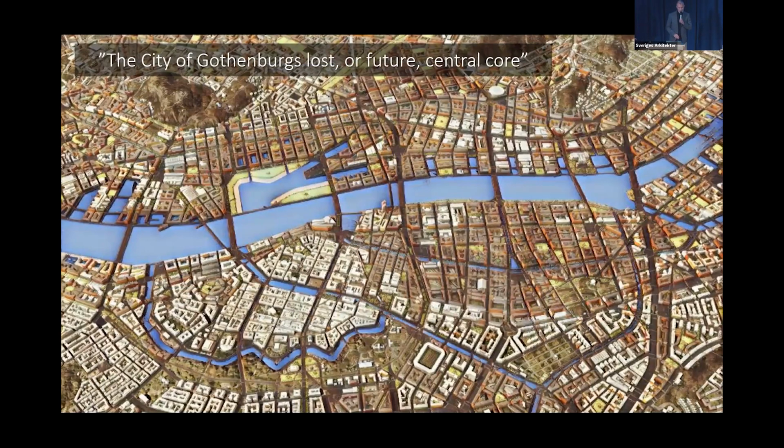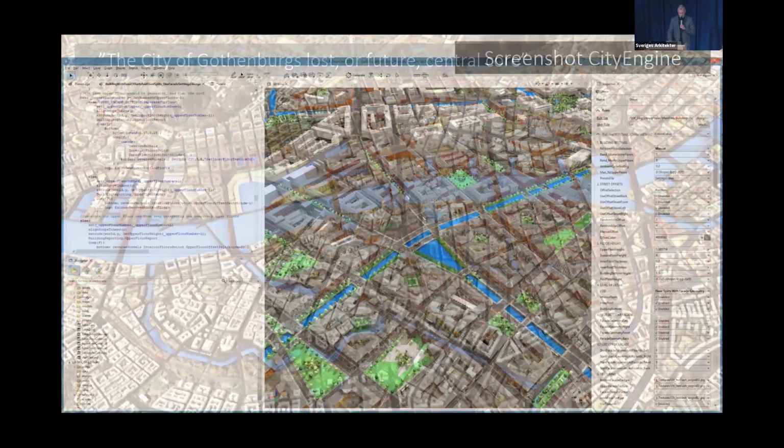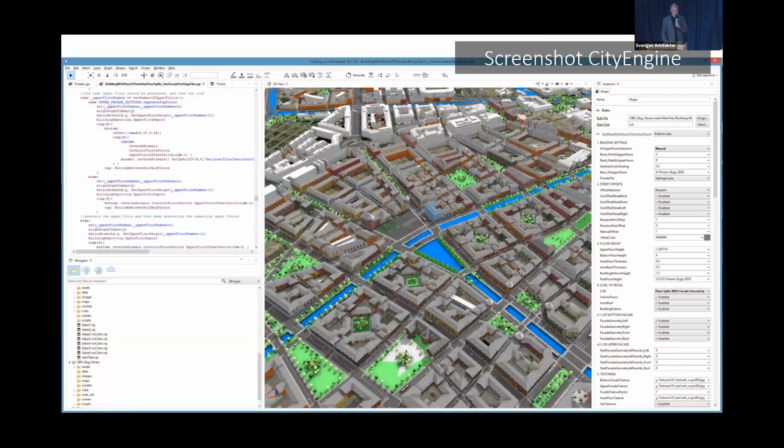One example that we have using this technique: we found historic material from a master plan from the last century, and we digitized the streets and then created this kind of parametric model. How could the city of Gothenburg look if we had used that master plan? And we used the software called City Engine to create this parametric city.